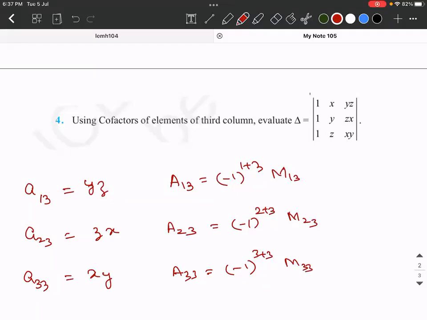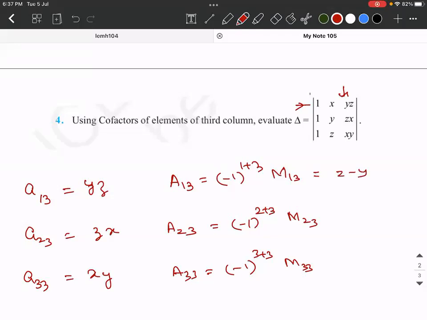So what is M13, guys? First row, third column. So what is M13? z minus y.